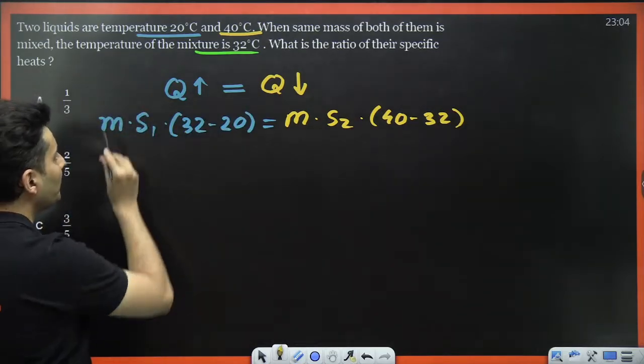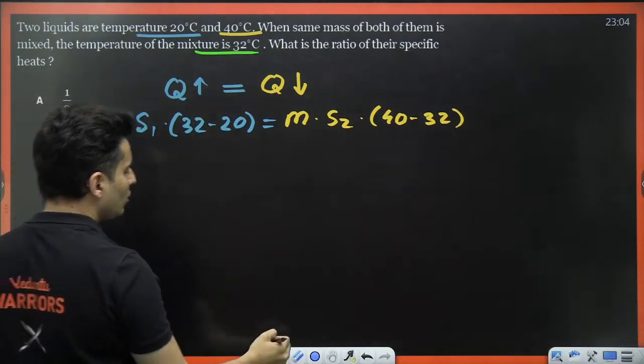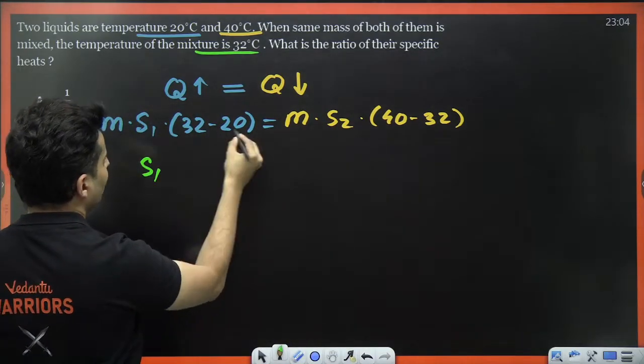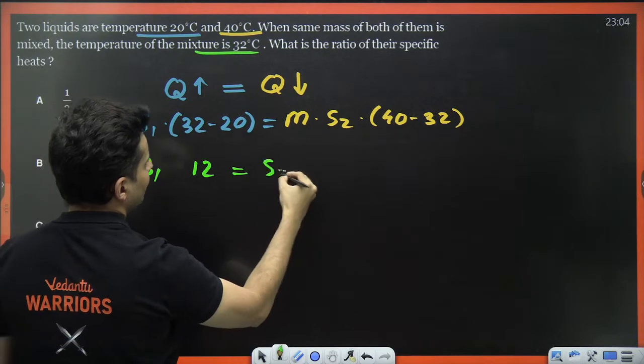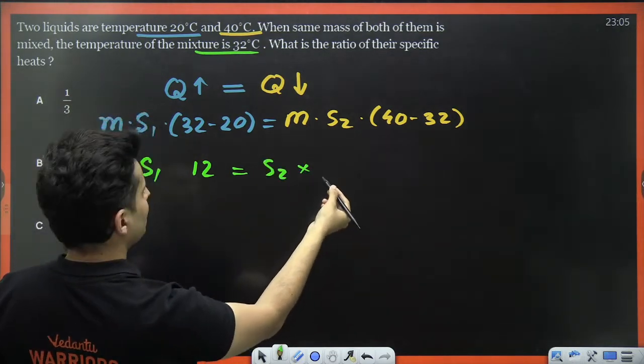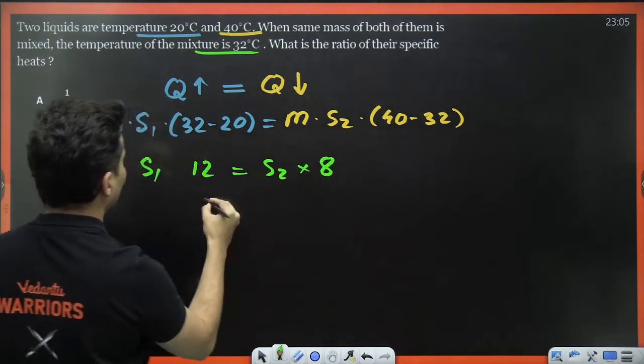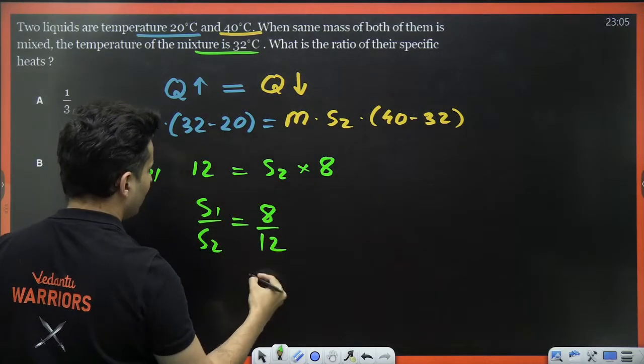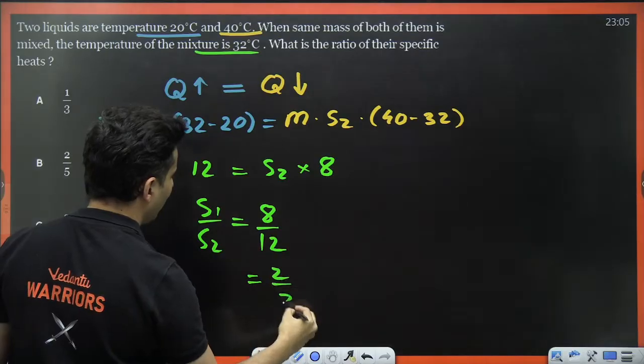The mass cancels. So 32 minus 20 is 12, and S2 into 8. So S1 by S2 is 8 by 12, divided by 4, which is 2 by 3.